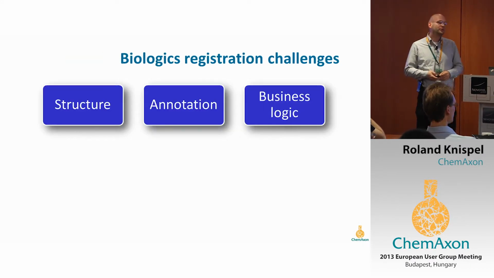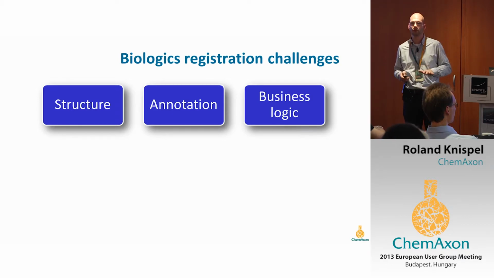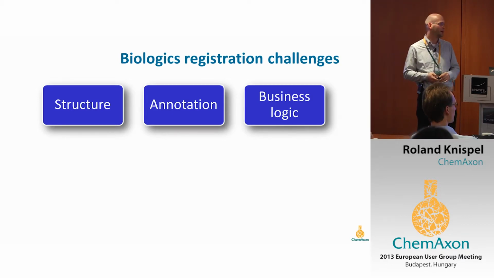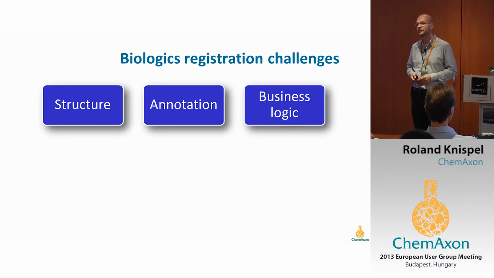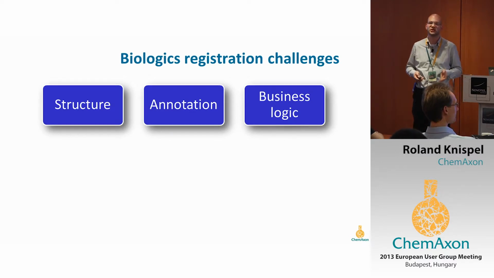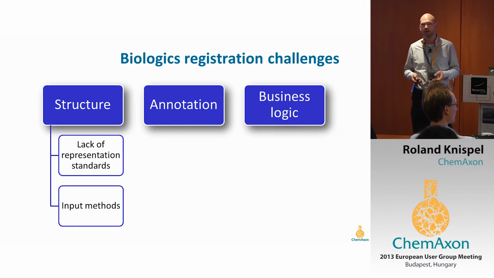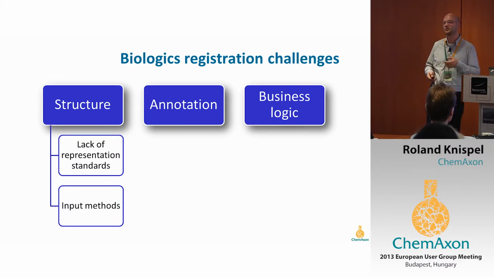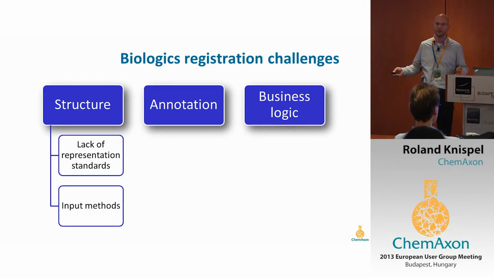There are a few challenges related to biologics registration. And let's just talk about large molecules, everything which has some sort of chemical structure associated to it. You can briefly group it into three different aspects. One of the things is the structure itself, because it's large. There is a lack of representation standards for capturing the additional chemistry associated with the pure sequences.